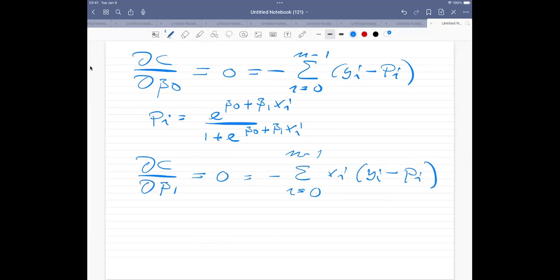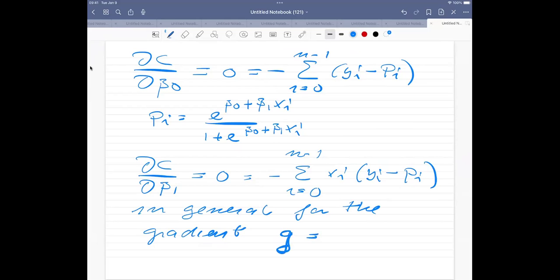So in general, for the gradient G, and now this is a vector, so I'm putting it up as a bold-faced quantity, dC/dβ.